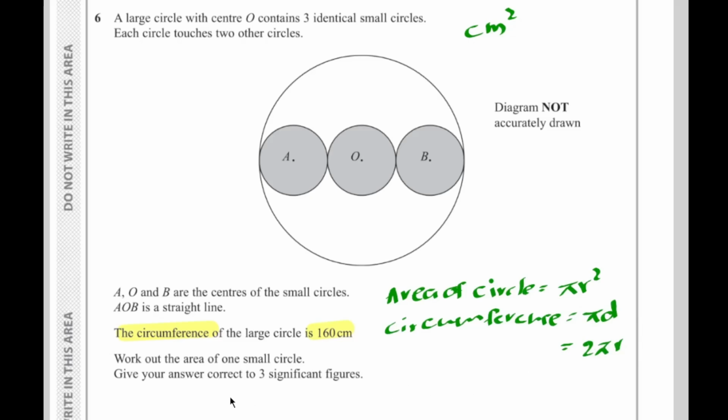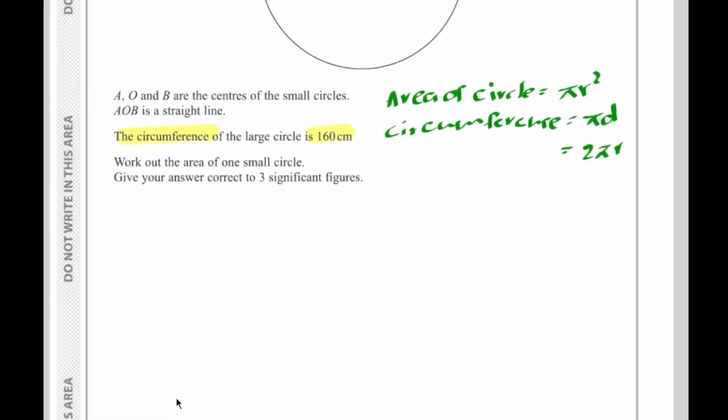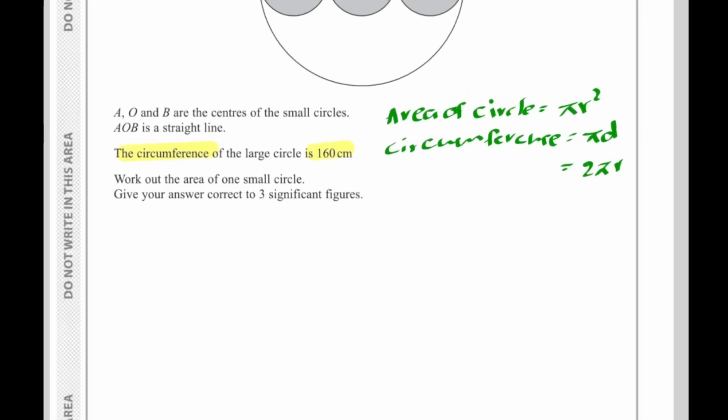So in this case, let's use pi d. So I can write 160 equals pi d for the bigger circle. Then I can get what d is. D equals 160 over pi.